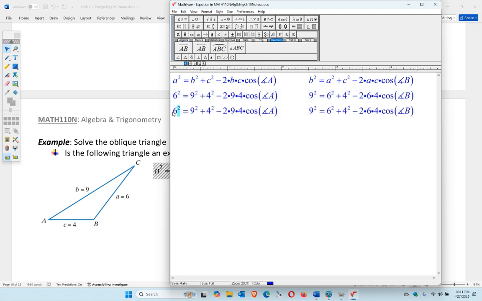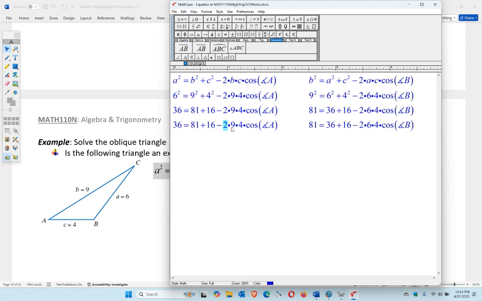So exponents first, we get 36, 81, 16, 81, 36, 16. After exponents is multiplication.